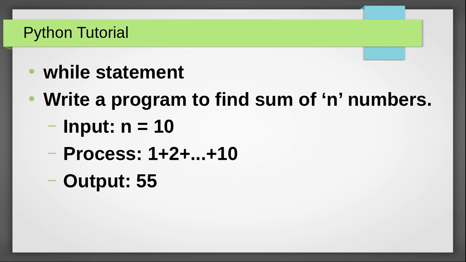So here we are doing this addition operation repeatedly. This while statement helps us to perform this addition operation to produce the exact output. So let me write the program code to solve this problem. We have to read the n value from the user.